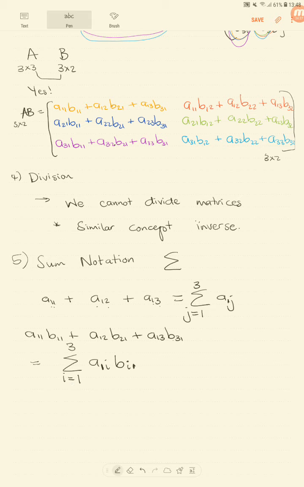It is a much shorter form than writing it all out. Instead, we can simply say the sum of A1i Bi1 over i equal to 1, 2, 3.